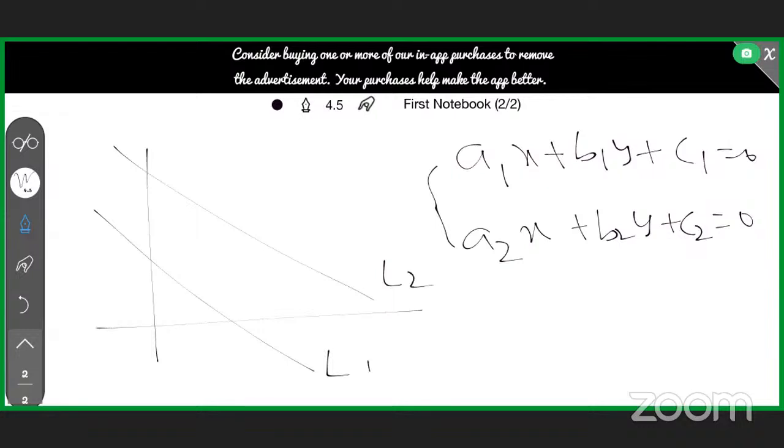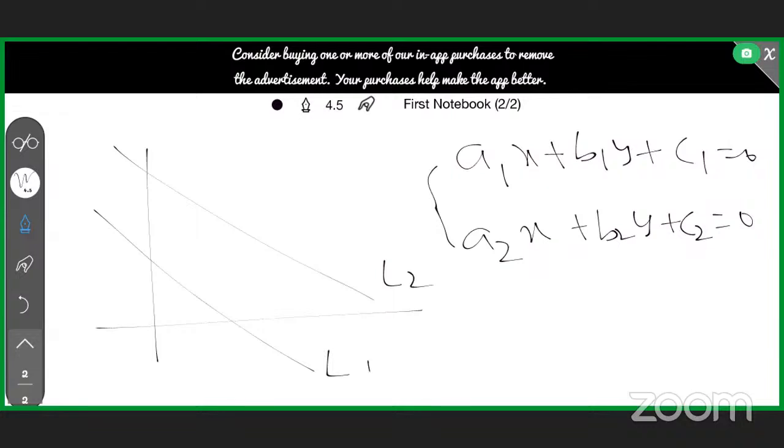If these two lines are parallel, what condition does it have to satisfy in the general equation form, other than the slope? A1 by A2 equal to B1 by B2 not equal to C1 by C2? No, that is for vectors.